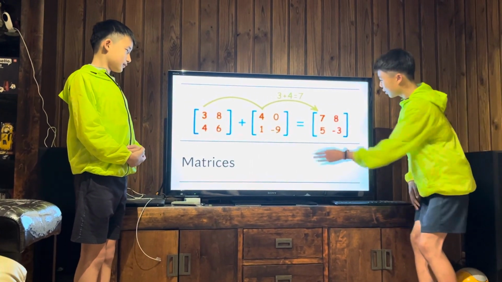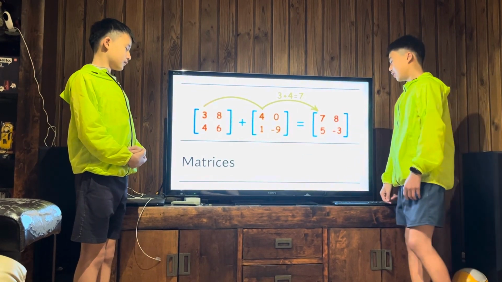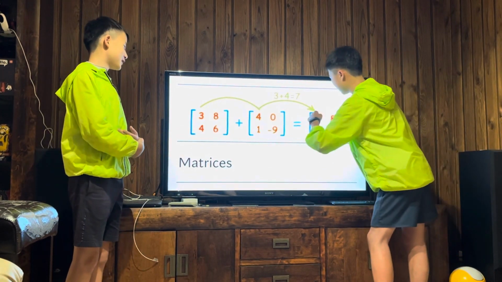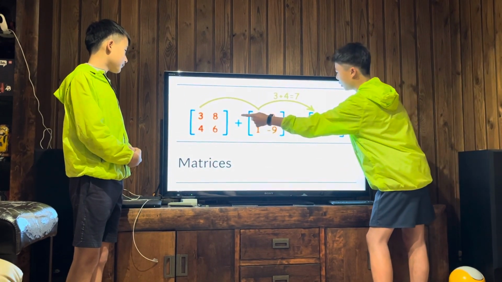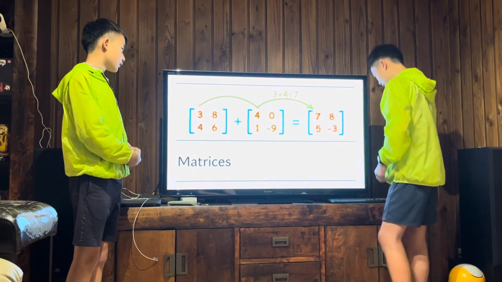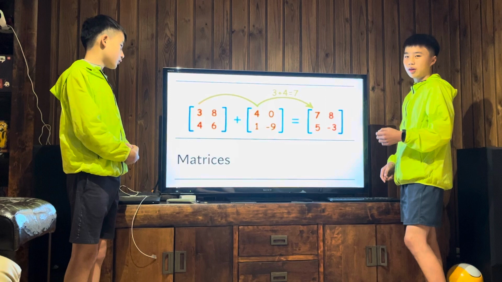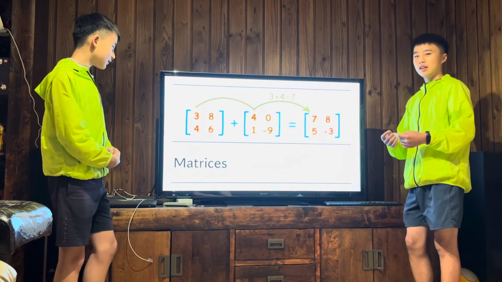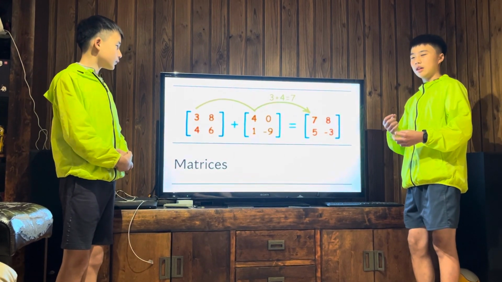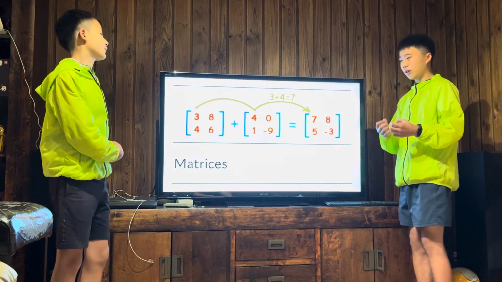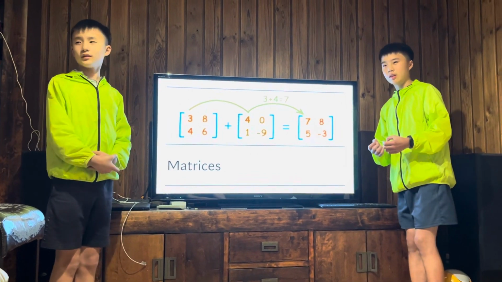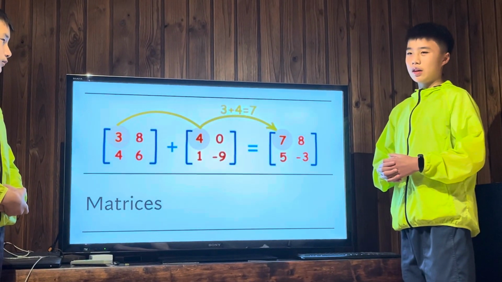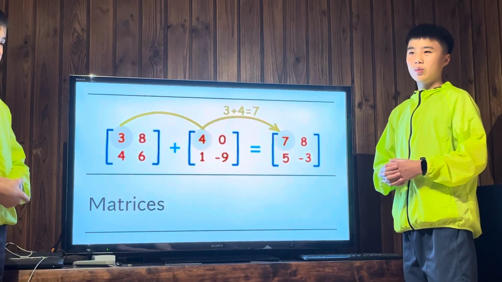So basically, a set of numbers is an array, as you can see, and to add them, you add every number in this square, like 3 plus 4 is 7, 8 plus 0 is 8, etc. And why these are important is because they lead to vector spaces, where a vector is basically an arrow going from the origin of a plane to another place, and these vectors can get very complicated.